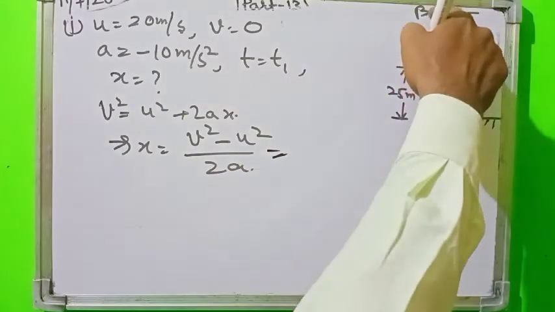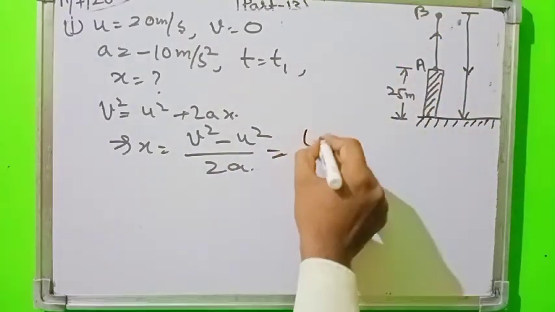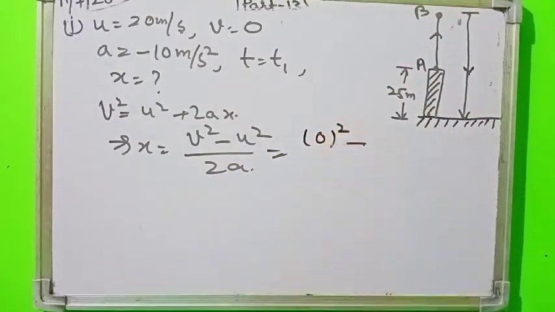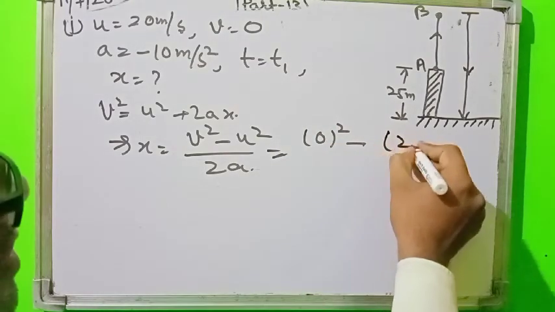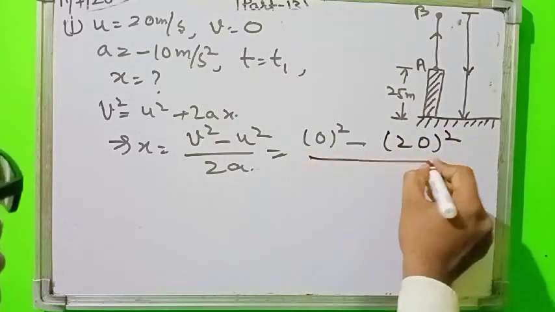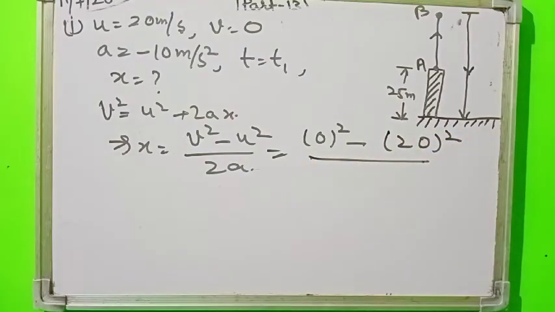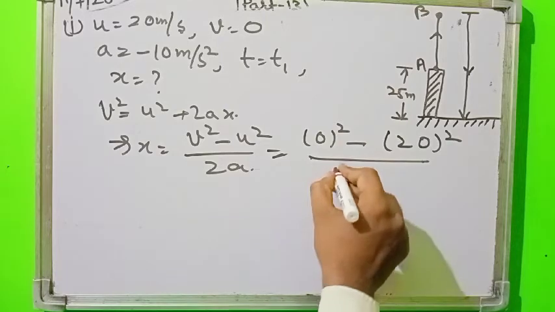As the ball reaches point B, its final velocity becomes 0 minus the initial velocity, that is 20 square upon 2 into minus 10.